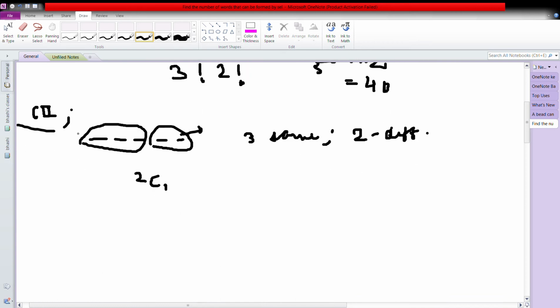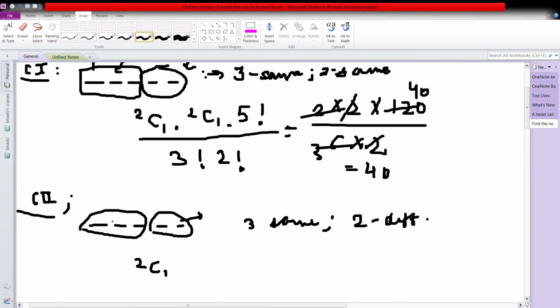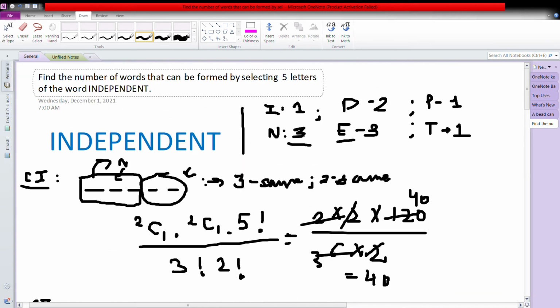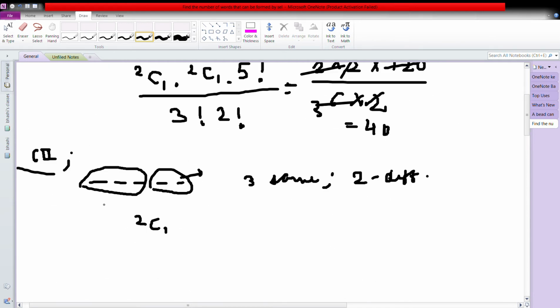Because if any one letter, either D or N, gets placed here, then we are left with only 5 out of these 6 letters. So we write 5C, and we have to choose only 2 for these places, so it will be 5C2.